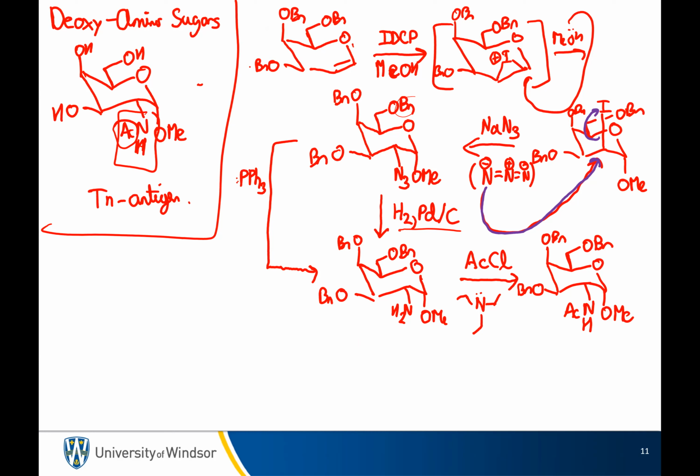Another option is, oh look, it's triphenylphosphine again. And this can be used for something called the Staudinger reduction. I'm going to leave this as an exercise for you guys to look at the mechanism of a Staudinger reduction.